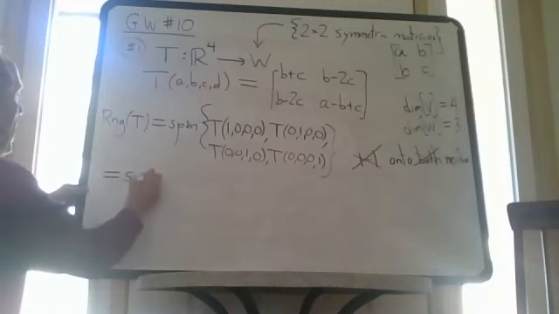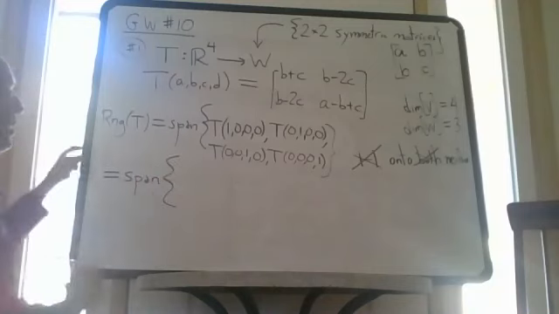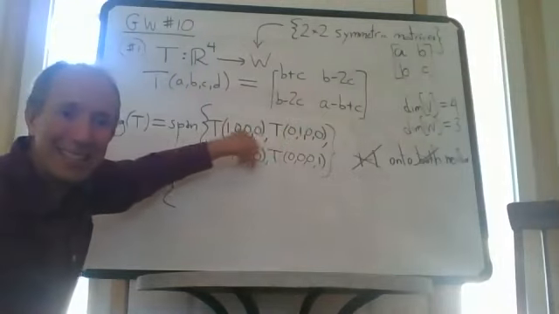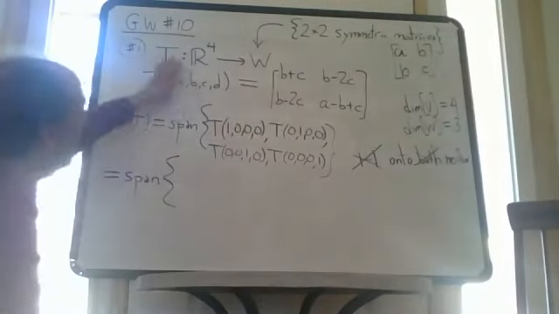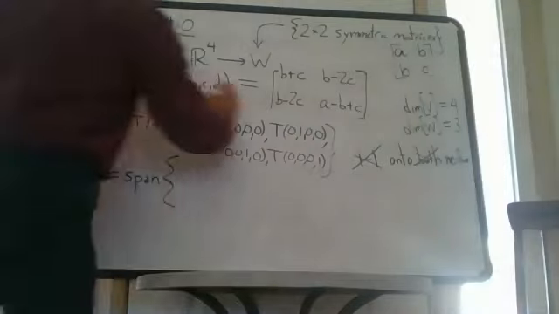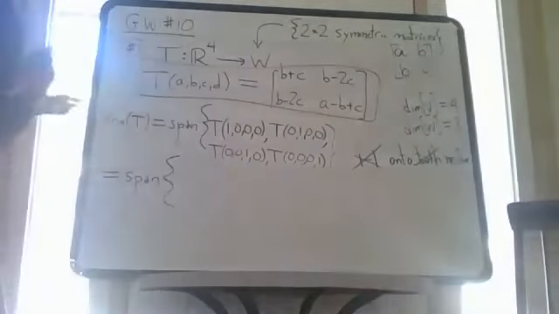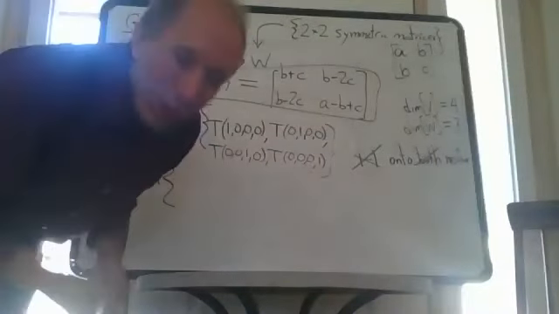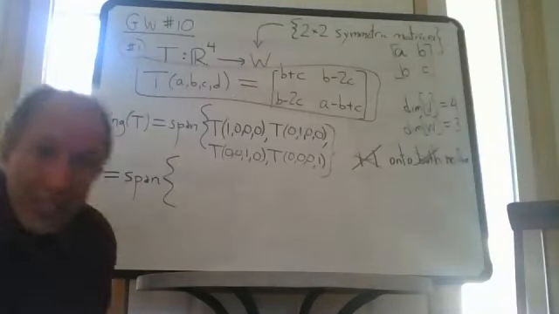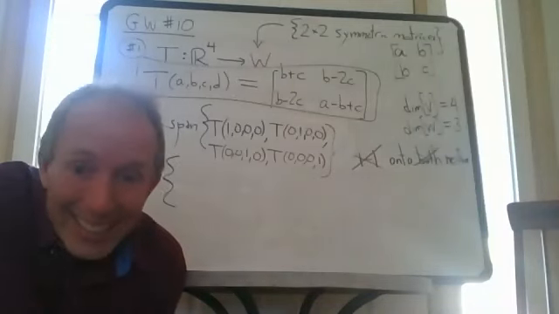We actually have to make sure that we can transform these 4 things. Make sure you know how to do that using this formula right here. So what is T of 1, 0, 0, 0?